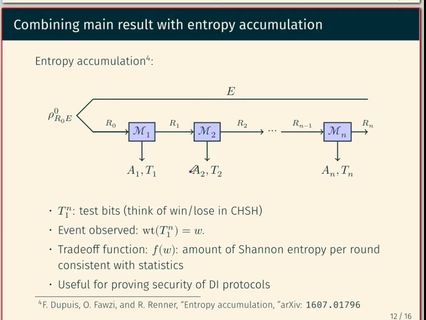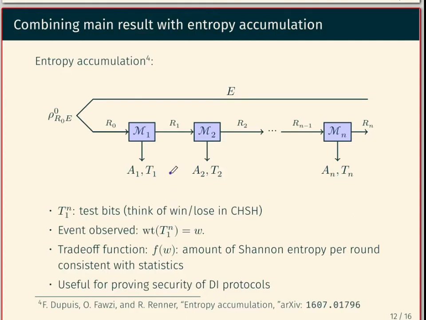And the way you should think of this is, for example, a DIQKD protocol, where every step here would be one CHSH game. The A systems you should think of as Alice's output bit, and T here would be test bits, which you could think of as winning or losing the ith CHSH game.